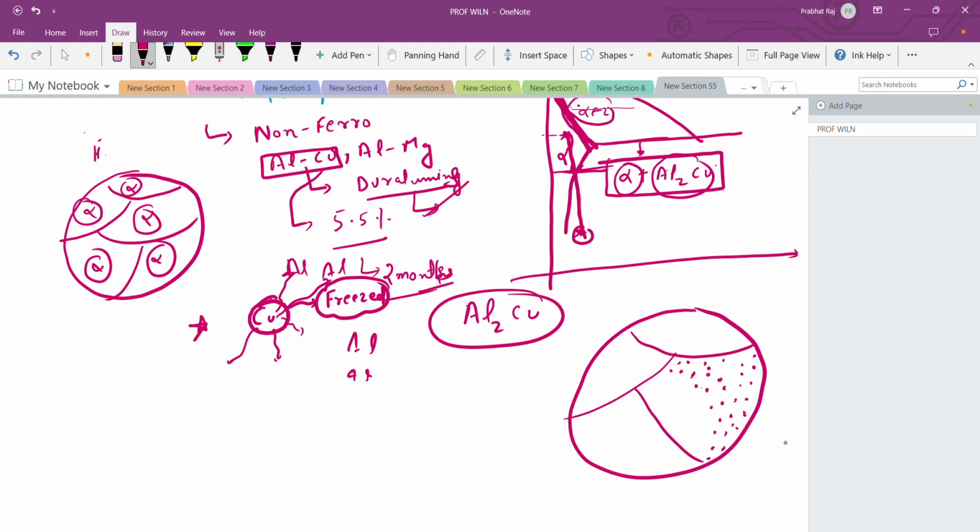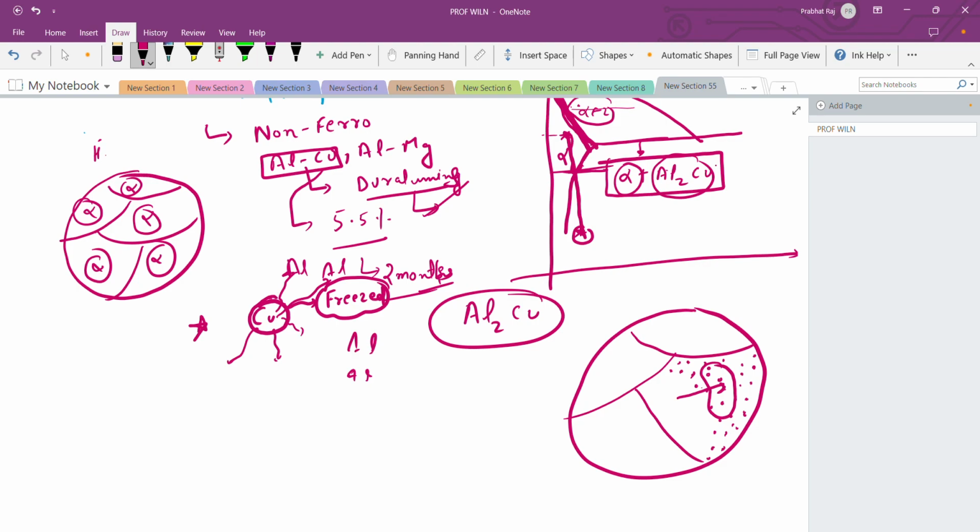And whenever these precipitates are there, they act as a barrier in the movement of dislocations, right? So whenever there is a barrier, there is an increase in stress.